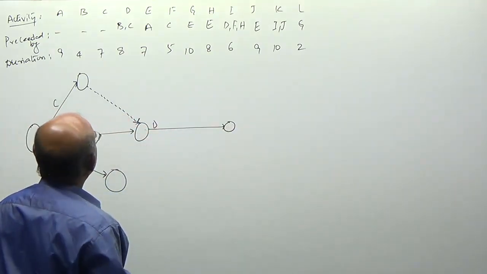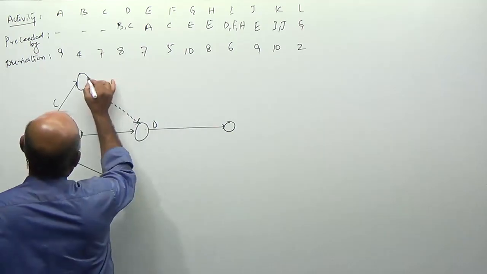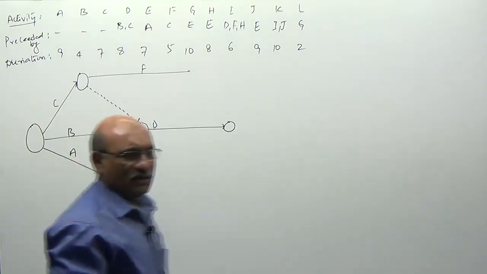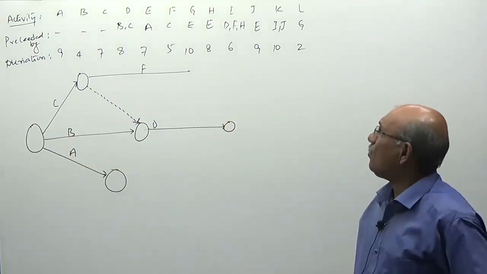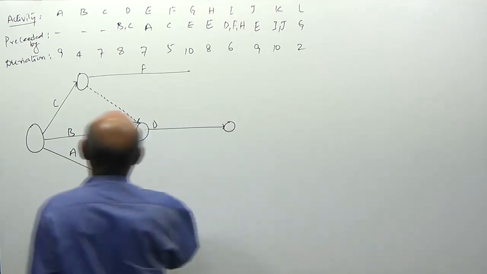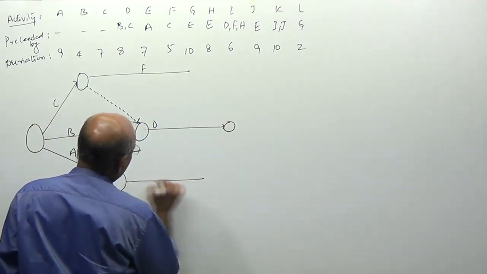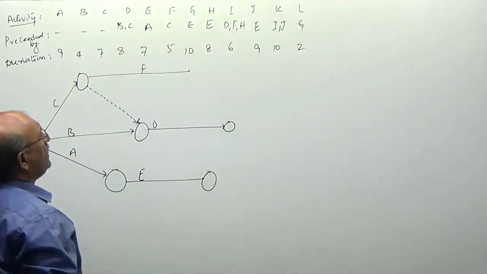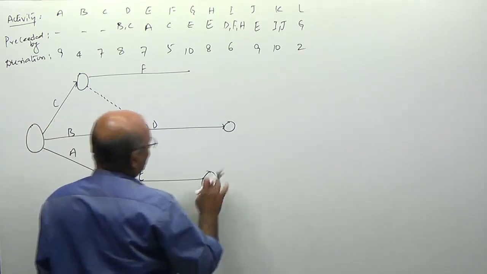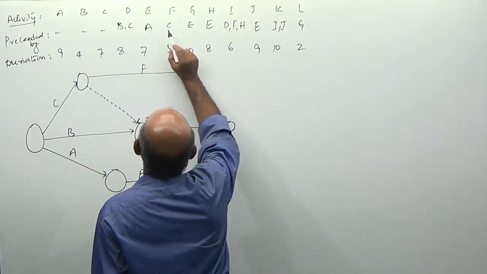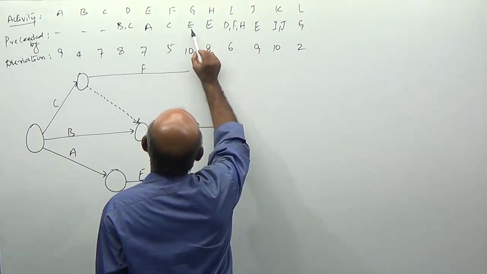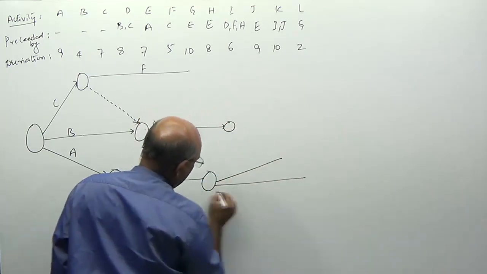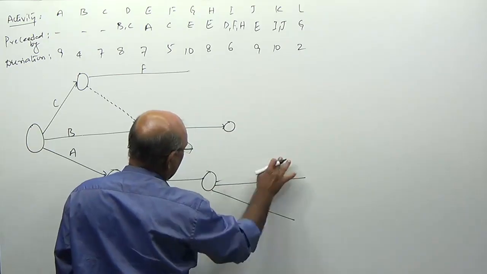Next, when activity C is over, you can start activity F, because F is dependent on C. When activity A is completed, you can start activity E. As and when E is completed, I can start G, H and J. This way three activities I can start simultaneously.